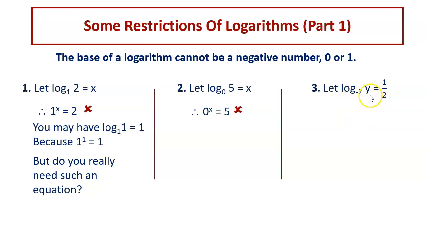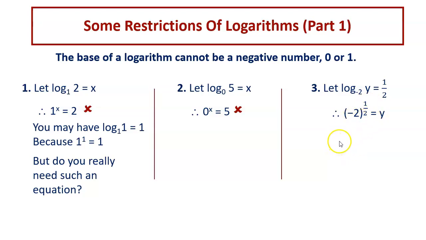Negative 2 is the base, y is the argument, which becomes the result of the exponential equation, and half is the result of the logarithmic equation, which becomes the power. So it will be negative 2 raised to the power of half is equal to y.